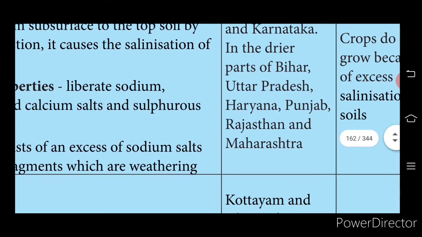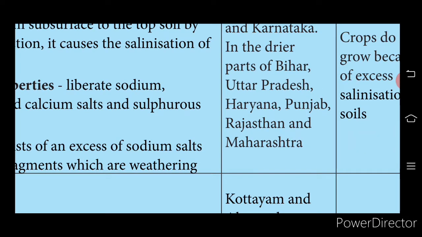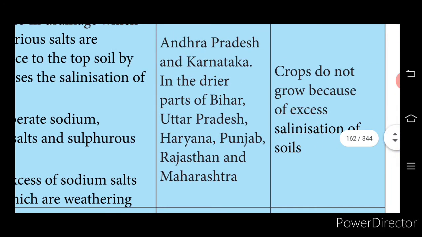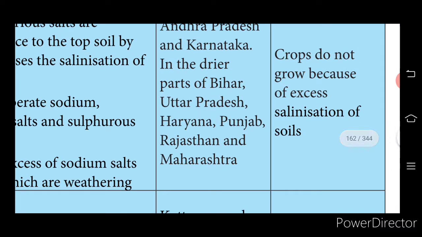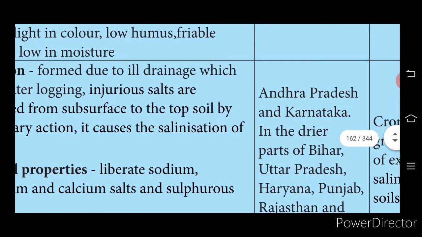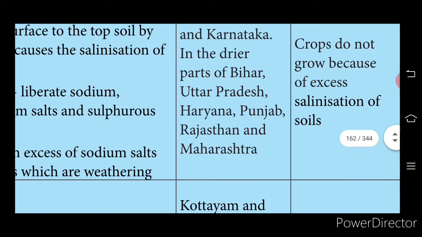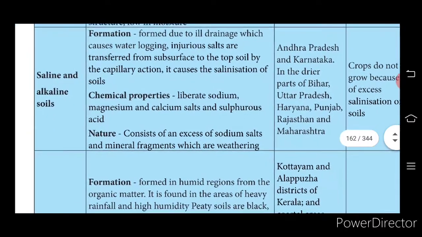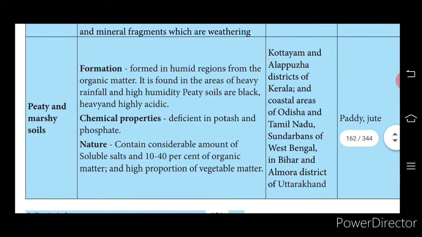The places here are Andhra Pradesh, Karnataka, and the drier parts of Bihar, UP, Haryana, and Punjab. Okay, the crops do not grow because of the excess of salinization. That is, so much salt, and due to the ill drainage, because of this, crops don't grow in this alkaline soil. Okay, there is no crop growing in this.